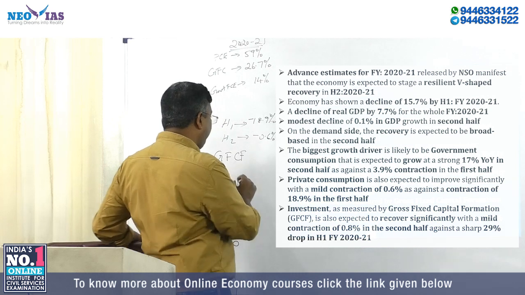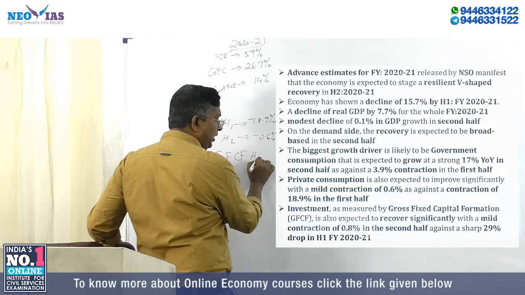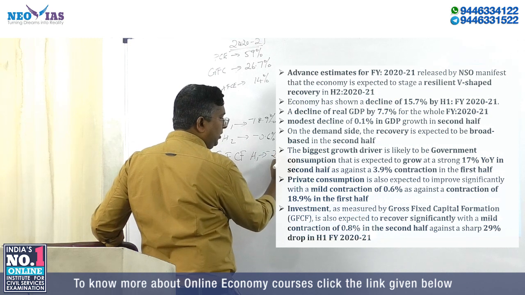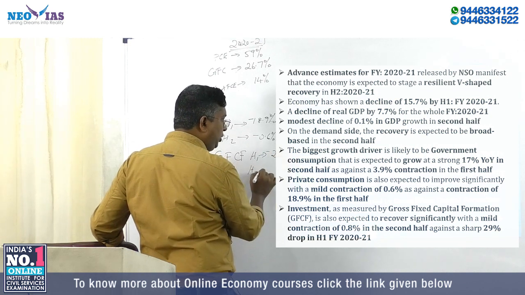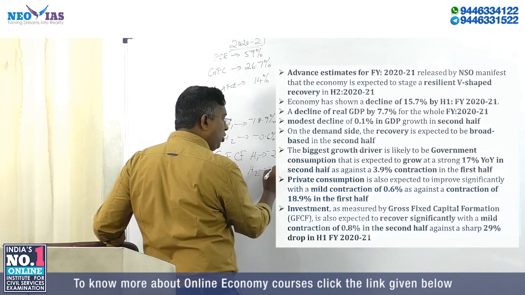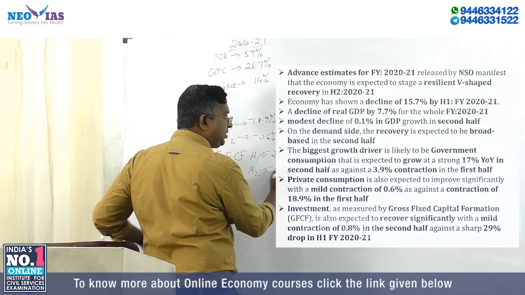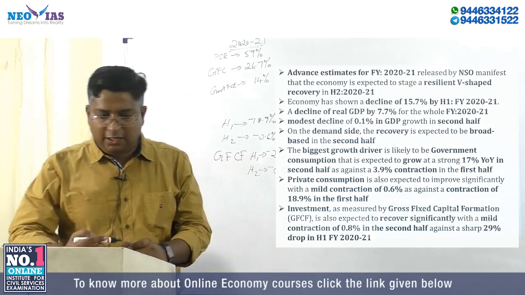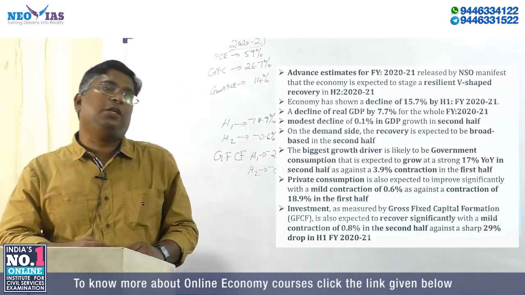In the first half, in H1, it declined by minus 29%. In H2, it will again contract, but only by 0.8%. It's a big change. The real improvement will happen only from 2021-22.